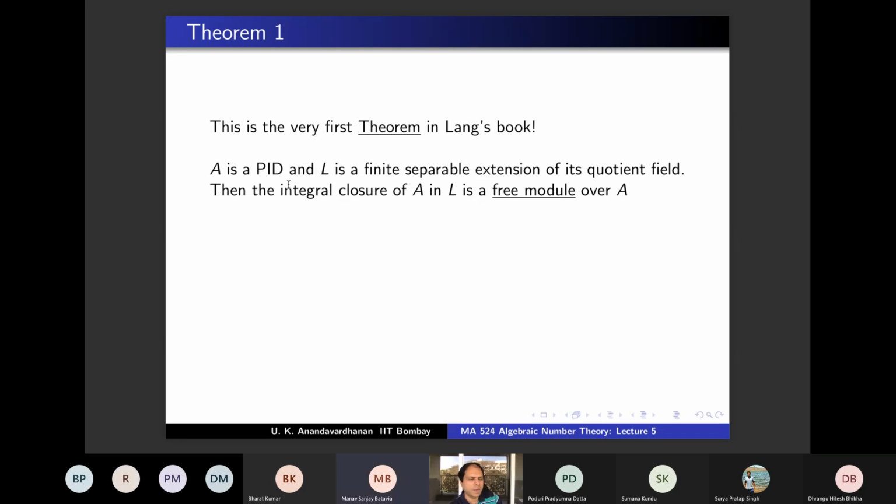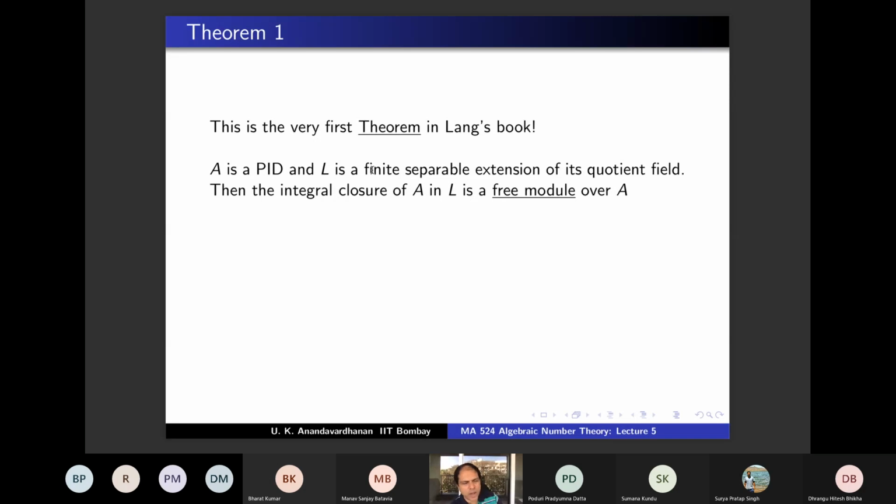Take a guess. What's the most natural number that you can think of from the slide? Degree of L over K. Call the quotient field K.